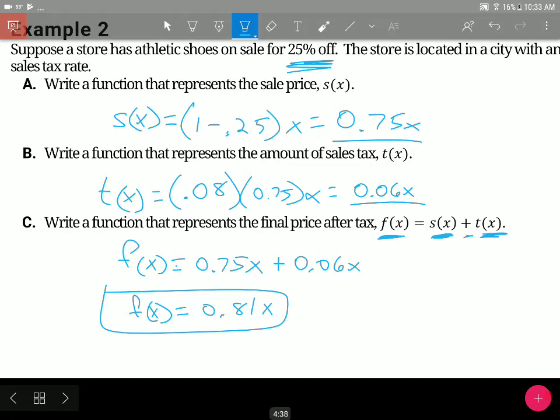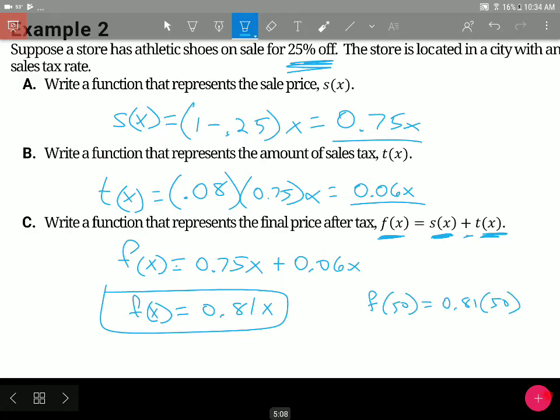So if you were to buy $50 shoes, where the original price is $50, the amount you're going to get charged, tax and all, is 0.81 times 50. Which I think is, what, 81 divided by 2. That's $40.50. Let's do that real quick. So let's say you got a $50 pair of shoes. So f of 50 equals 0.81 times 50.